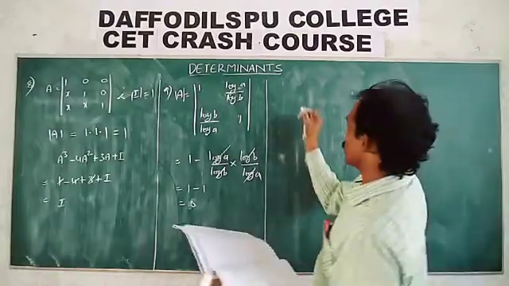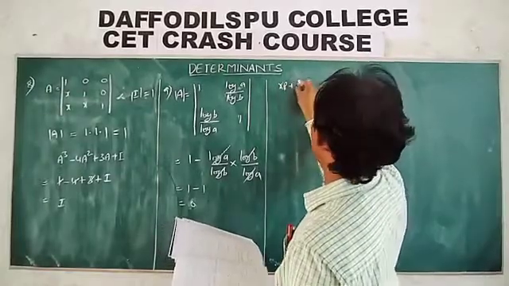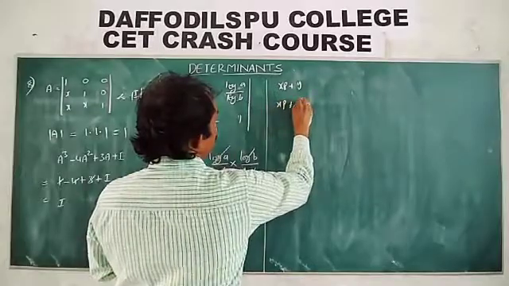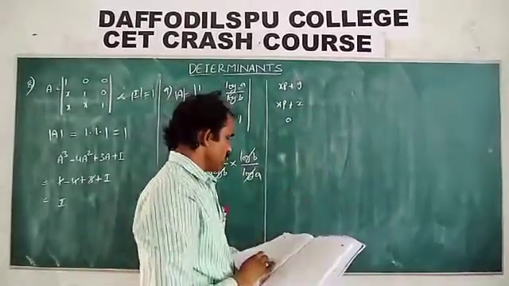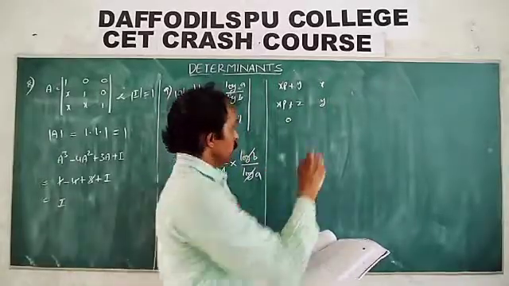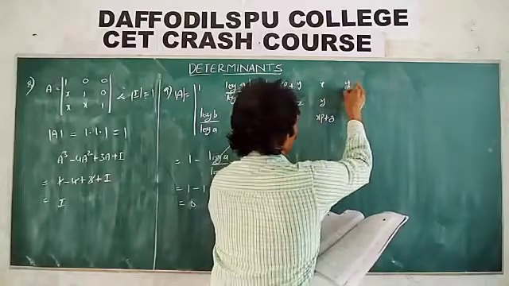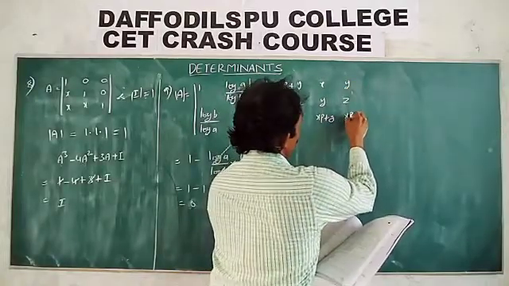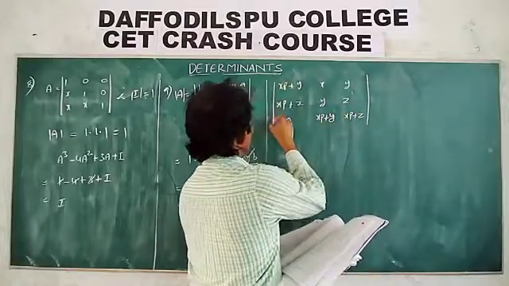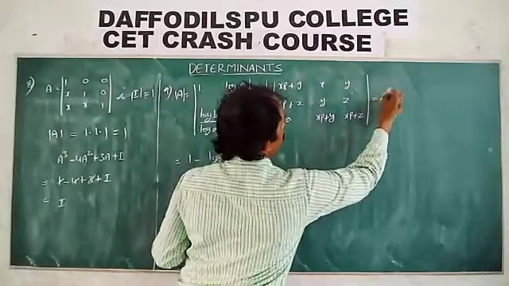Third row, so like this one. xp plus y, xp plus z, 0, and x, y, xp plus y, y, z, xp plus z. This type of problems, okay, is equal to 0 given.